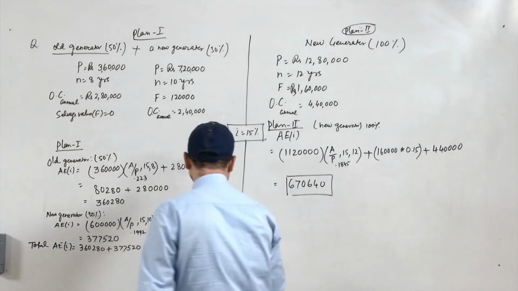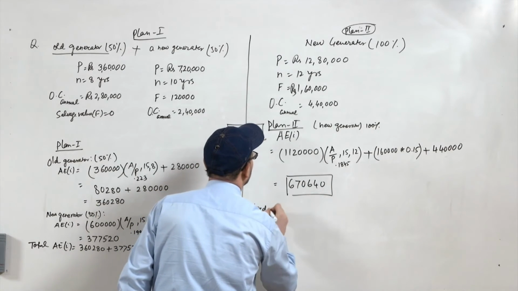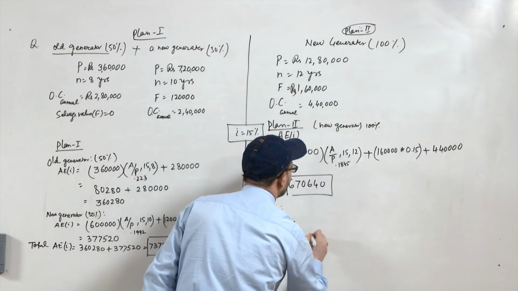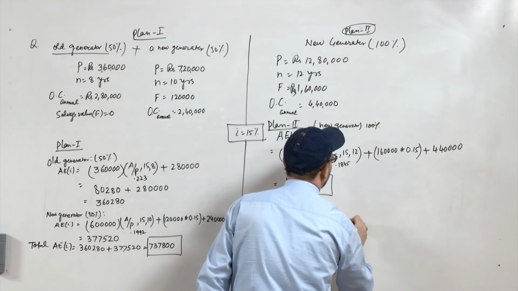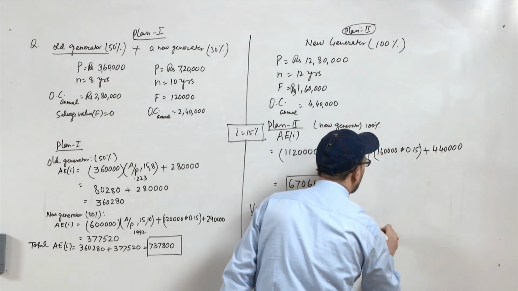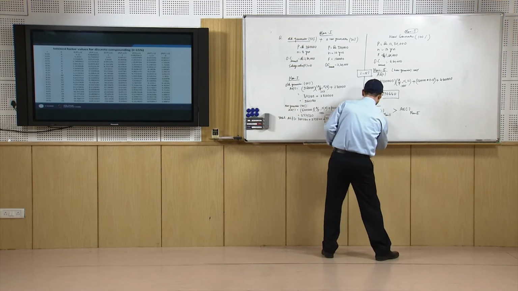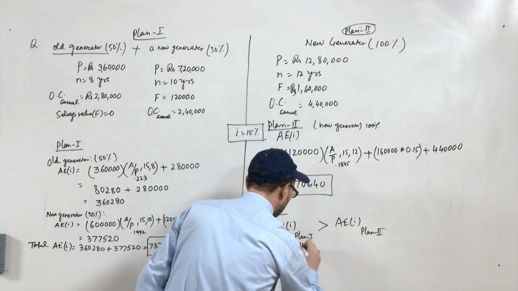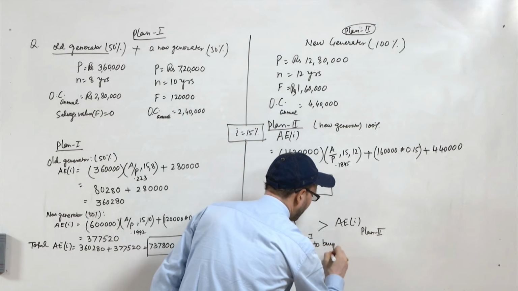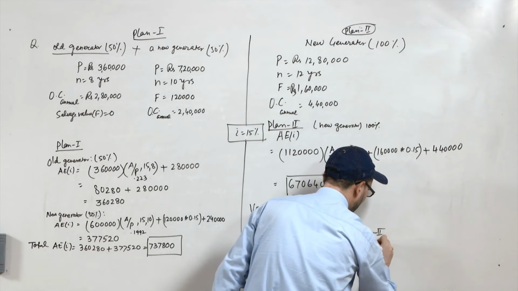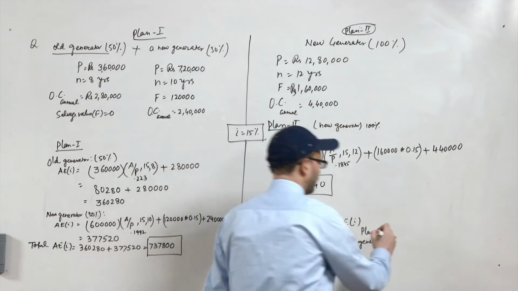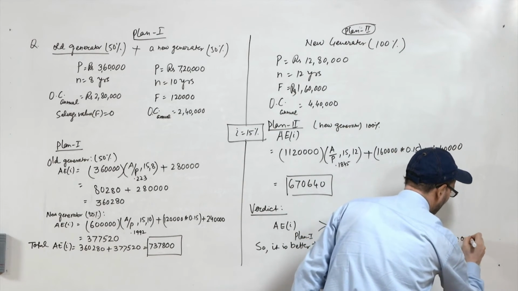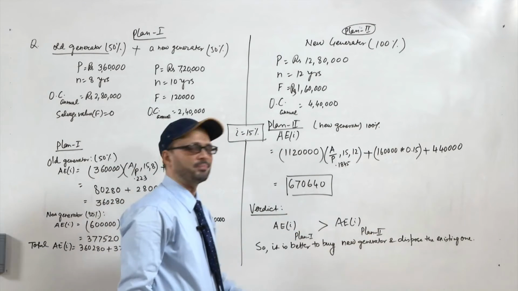So, since the verdict is AEI for plan 1 is greater than AEI for plan 2, and this is about the cost incurred, it is better to buy a new generator and dispose the existing one. Plan 2 is preferred.